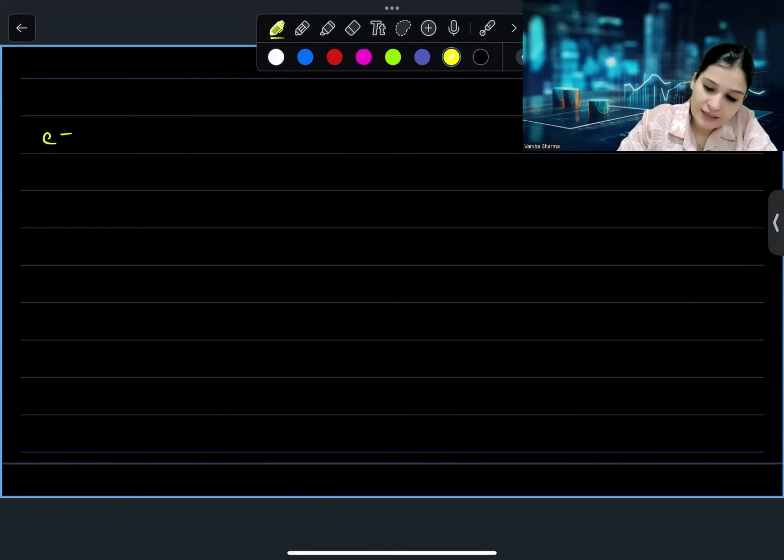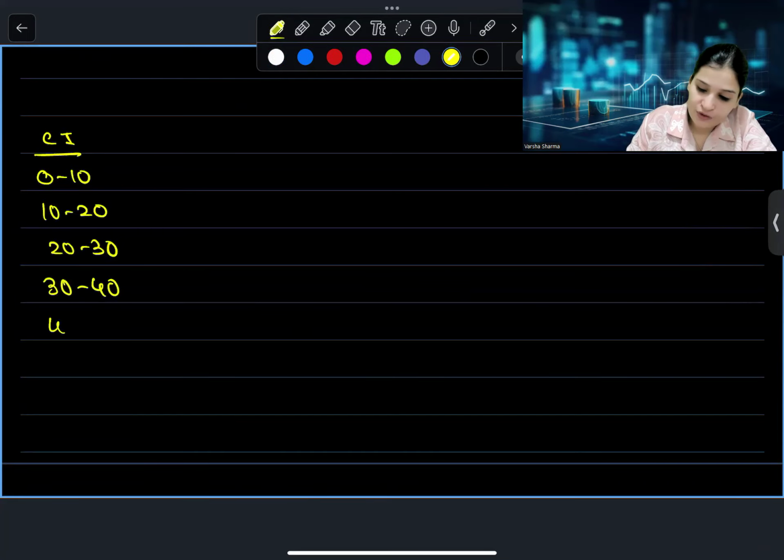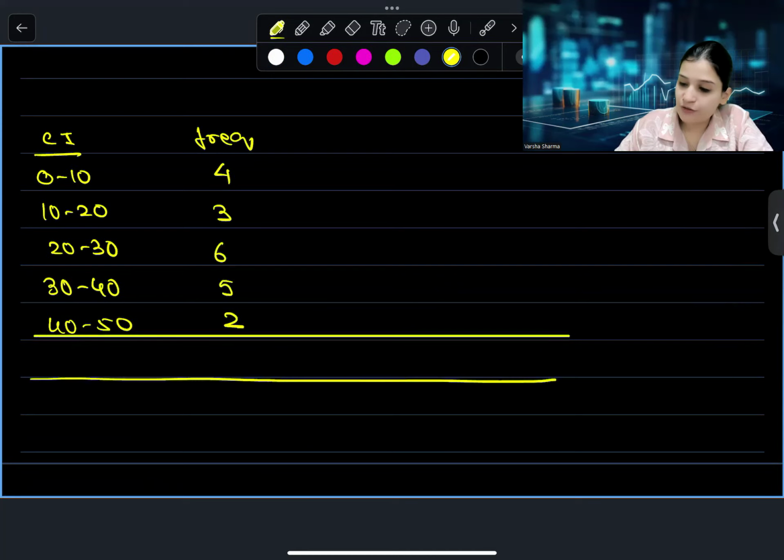Question. Class interval 0 to 10, 10 to 20, 20 to 30, 30 to 40, 40 to 50. Frequency 4, 3, 6, 5. So in this, the only extra thing we need to do is calculate x on our own.